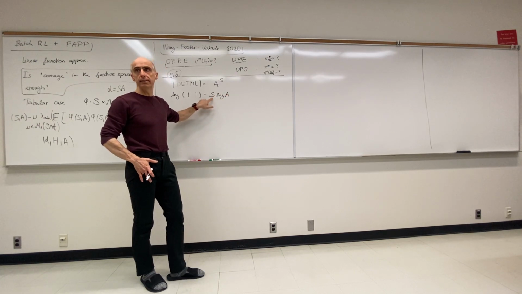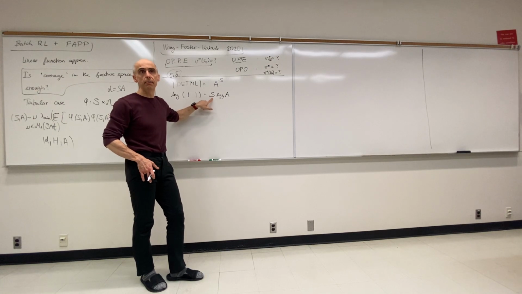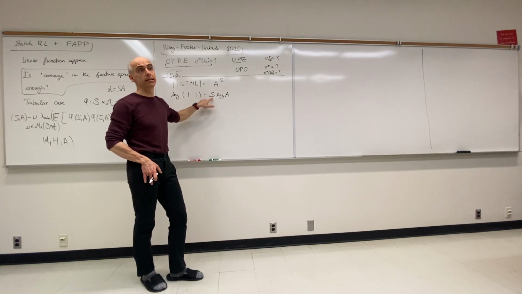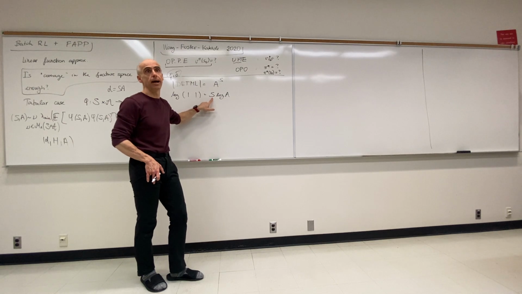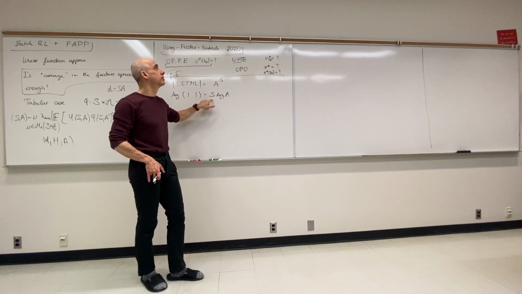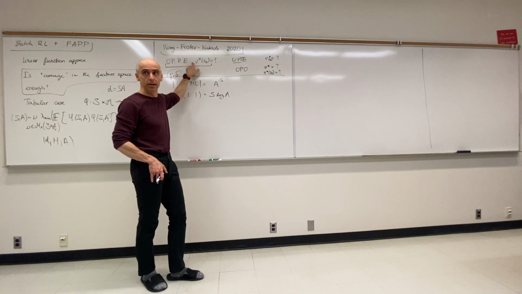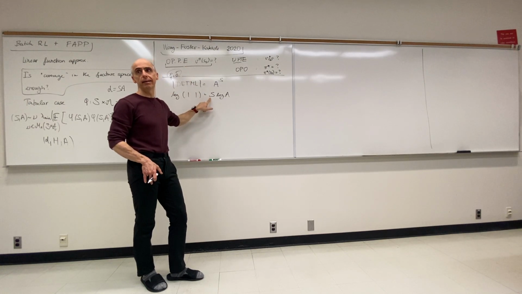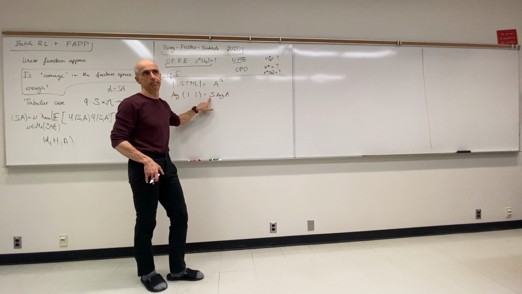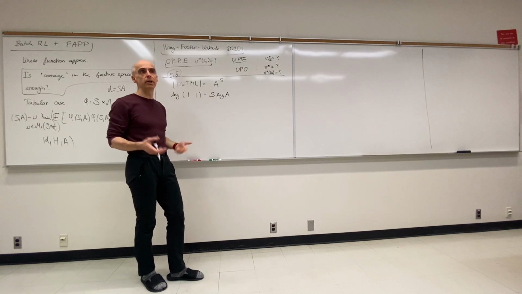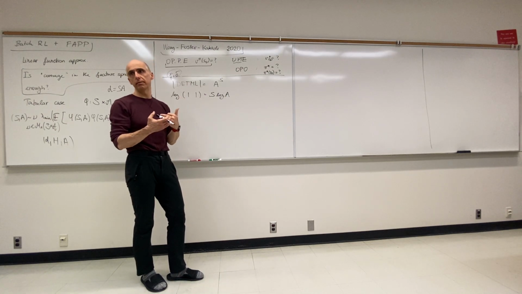But this linear dependence on the number of states should give us pause about whether this reduction works the way I said. It turns out that if you have hardness for this problem, with S polynomial in D, then everything is polynomial in D. So S has to be polynomial in D, H, and A. If S is polynomial in D, H, and A, then the blow up of the sample complexity is just a polynomial.